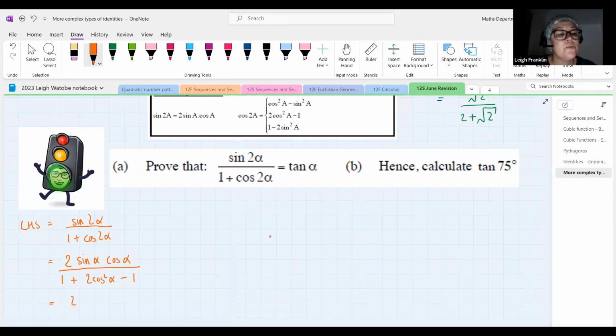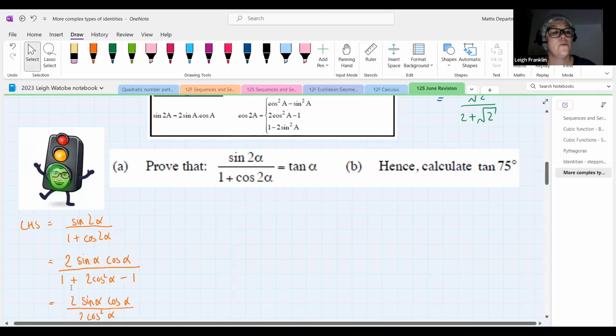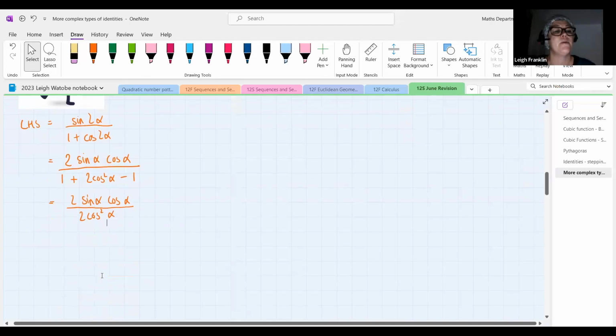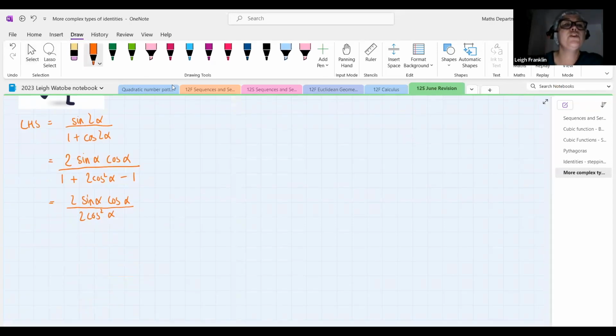That leaves us with 2 sine alpha cos alpha over 2 cos squared alpha, because the 1's have now added up to 0. We don't have any terms. We've only got times and divide, so we're allowed to cancel. 2 divided by 2 is 1, and a cos alpha at the top and a cos alpha at the bottom means there's a cos alpha left over.